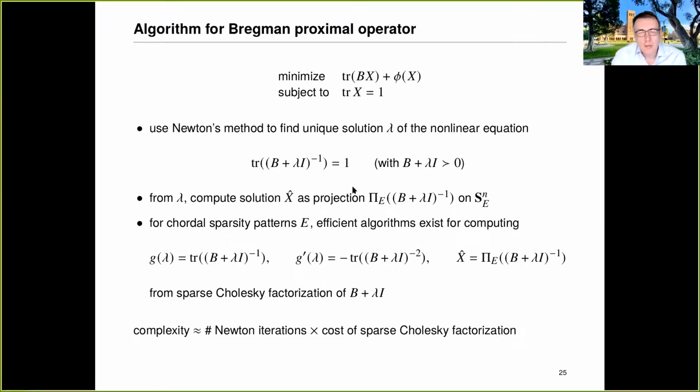And then we can also compute from lambda the solution X, which would be the projection of the inverse on the sparsity pattern. So one iteration of Newton's method for this problem would have a complexity comparable to the cost of just a sparse Cholesky factorization for that sparsity pattern. That's something that scales to very large dimensions if the problem is sufficiently sparse.